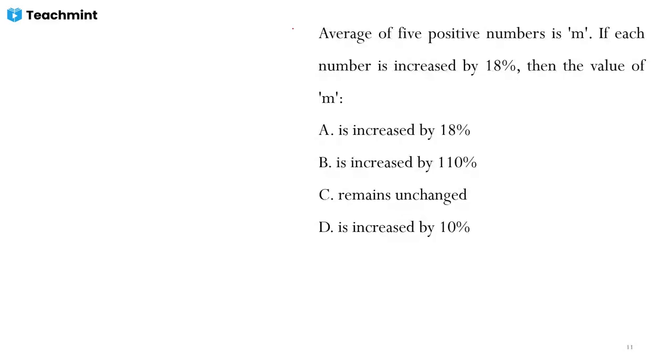Now related to averages, especially, there is one question in this model. One property in averages is: if each number is added, subtracted, multiplied or divided by k, then the average is also added, subtracted, multiplied or divided by k. Related to this property you can expect one question.